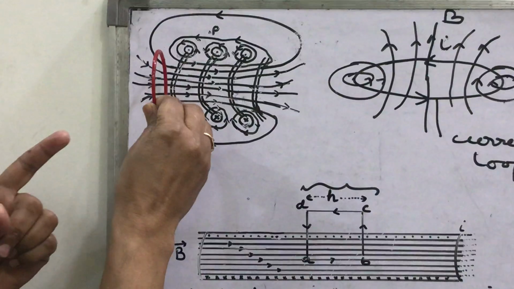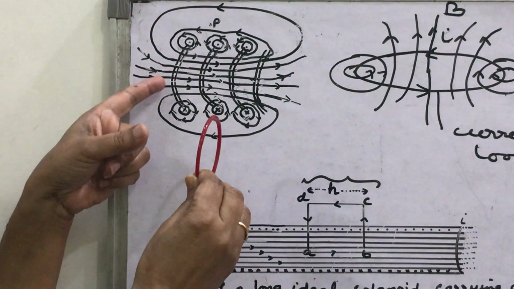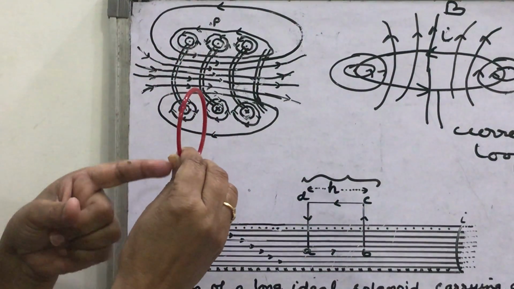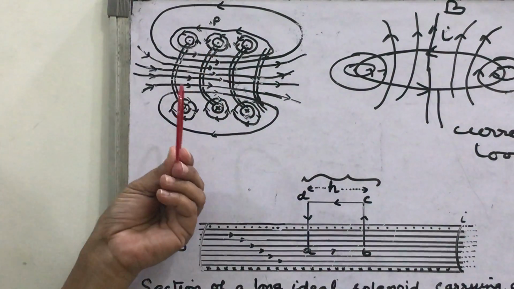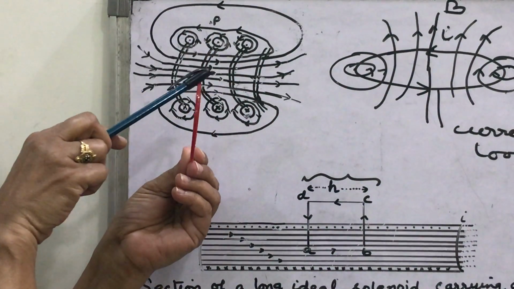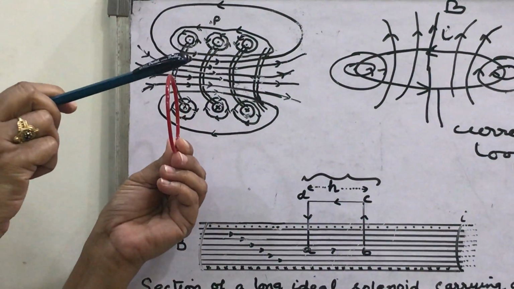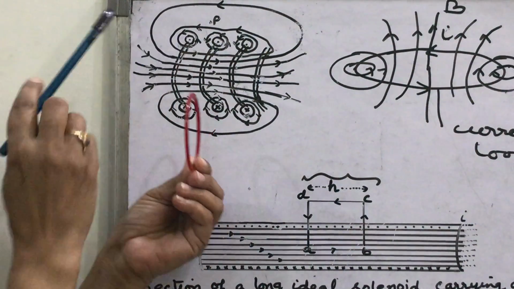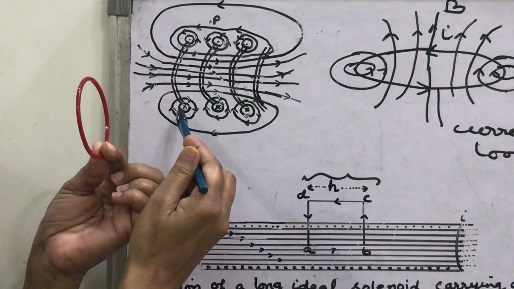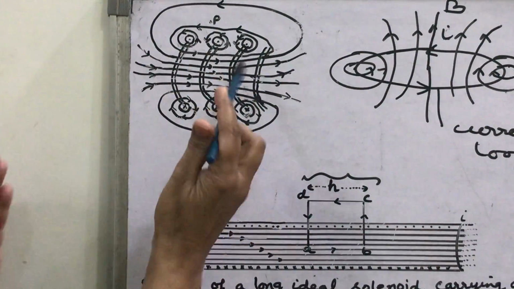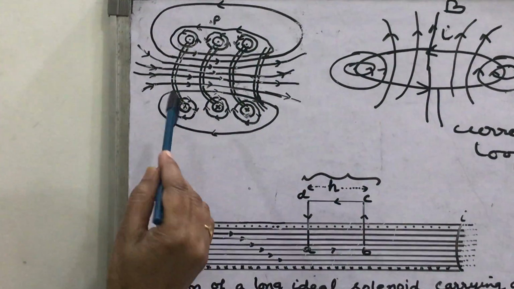So what is the direction of current? For the topmost point, the current comes perpendicular upward, so it is shown by a dot, and at the bottom by a cross. I have shown this for 3 loops.